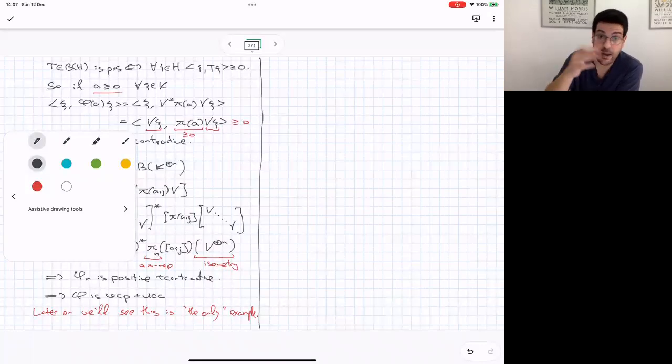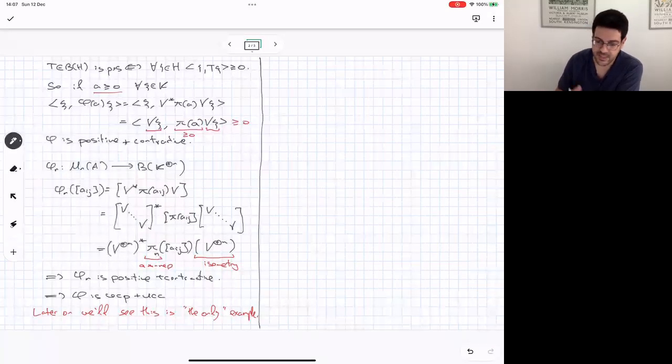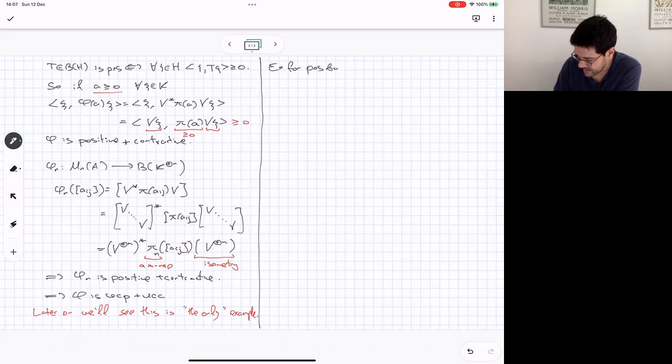So let me give you right away a counterexample. It is a classical counterexample of a map that is positive but not completely positive, and this is an example you should keep in mind. So, an example for positive but not completely positive.